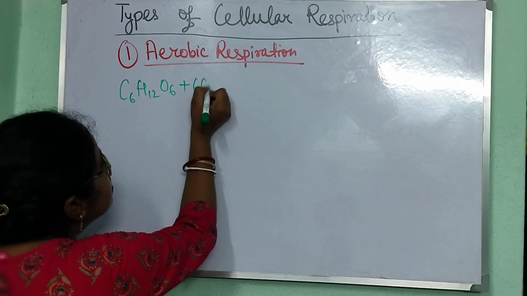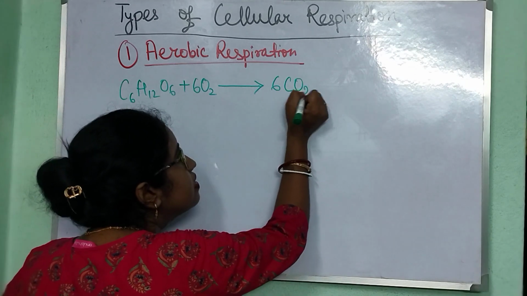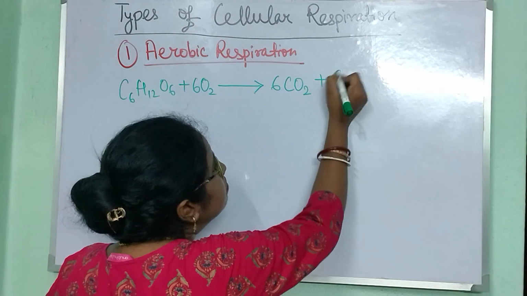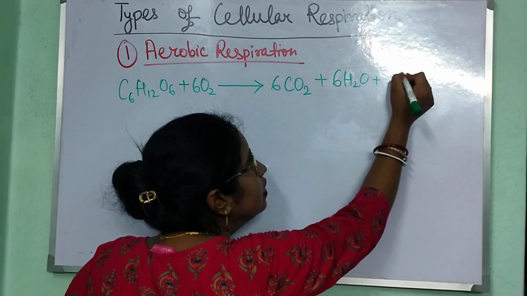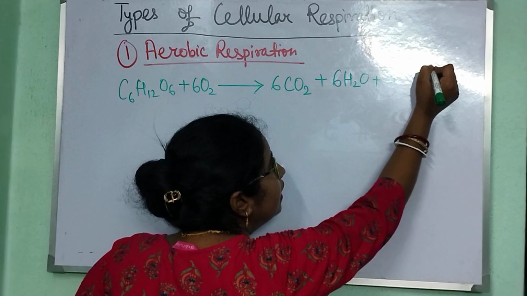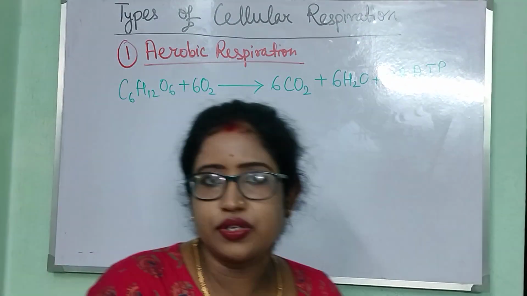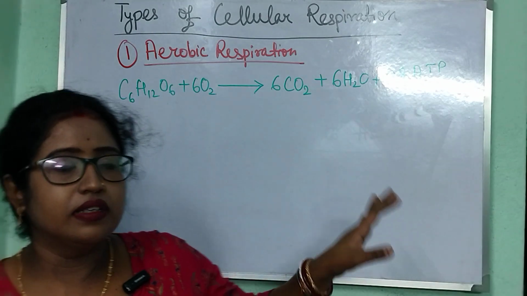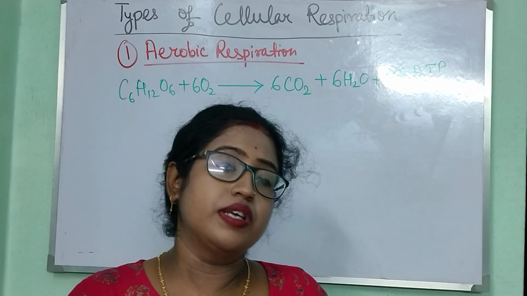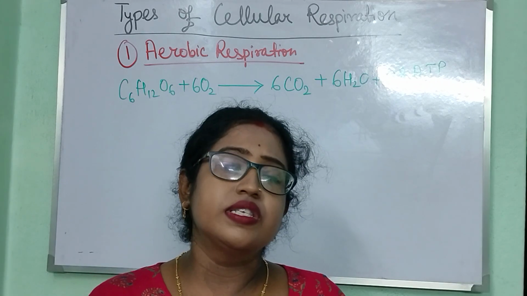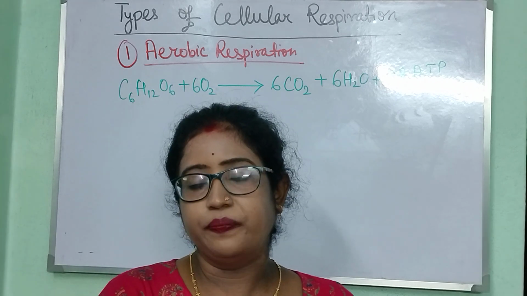It is oxidized and releases CO2, forms H2O, and it also releases energy, that is 38 ATP molecules. This is the simple respiration process that we talked about in earlier classes also. This aerobic respiration occurs in humans along with other aerobic organisms.